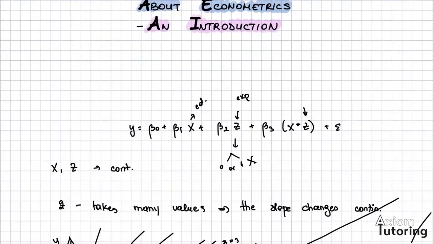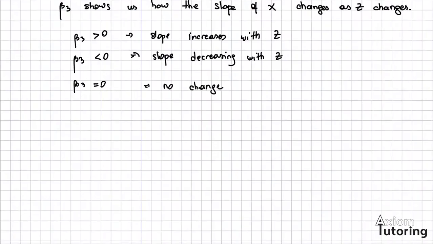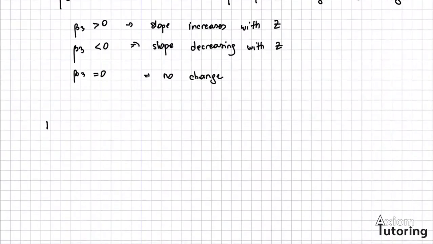Now, if we compare all of the cases that we have seen so far, we came from the dummy-only case where there was just one slope and you just had different intercepts.